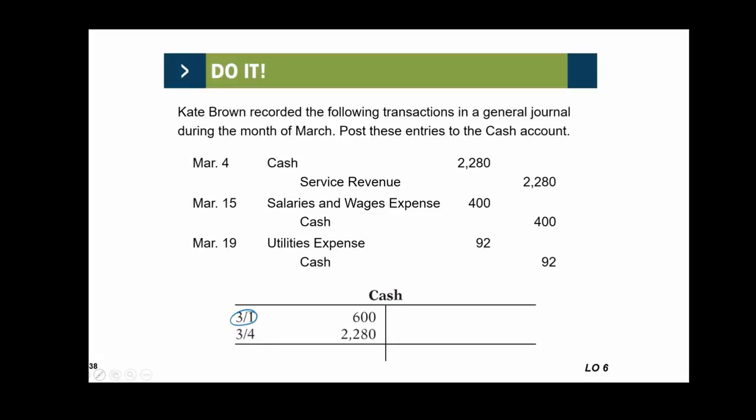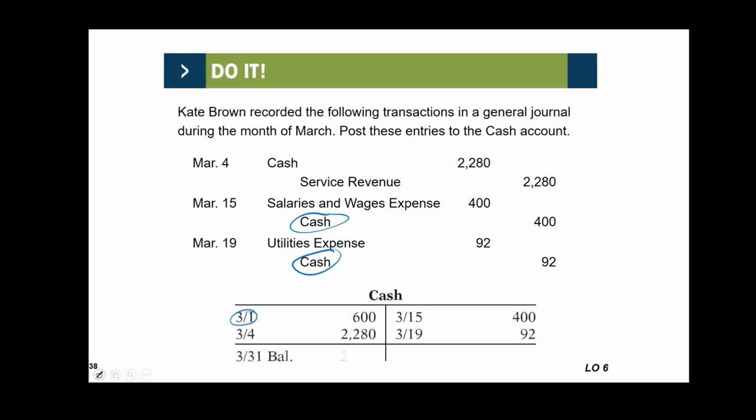On the other side now, this is a credit, and this is a credit. So on the right side here, we put the credit amount 315, and we'll put the credit amount 400. And then underneath that we put, again, March 19, we have the credit to cash for $92.